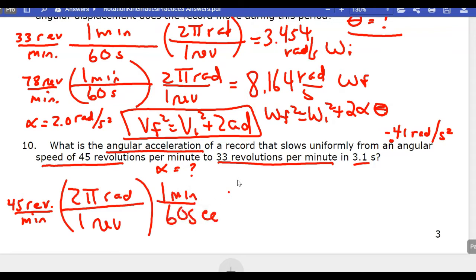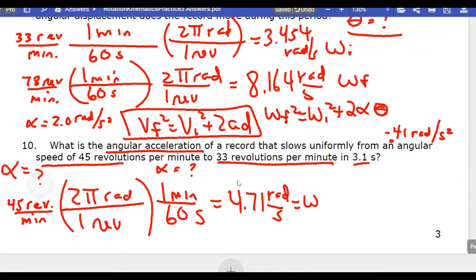So let's find what that is, so I can have my omega in the right units. That turns out to be 4.71 radians per second. I've got a good unit. That's my omega. What is the angular acceleration? So alpha equals question mark. I have an angular speed already.